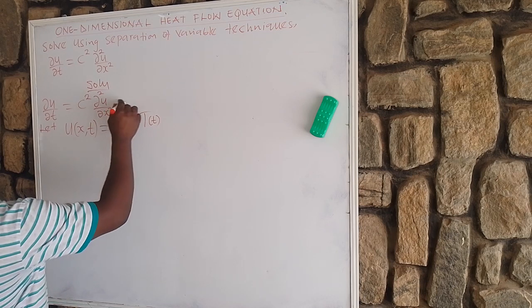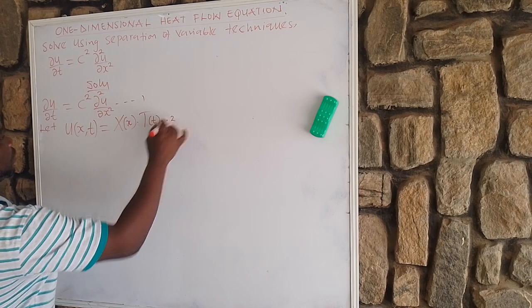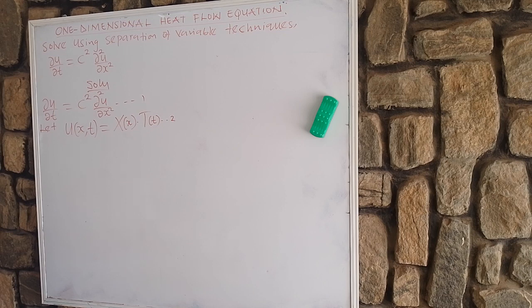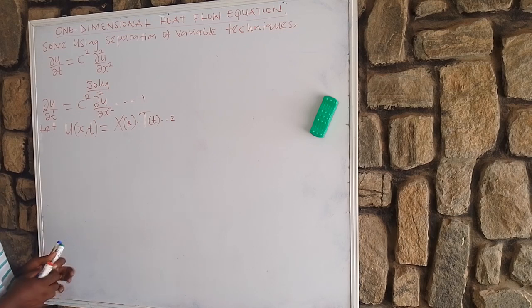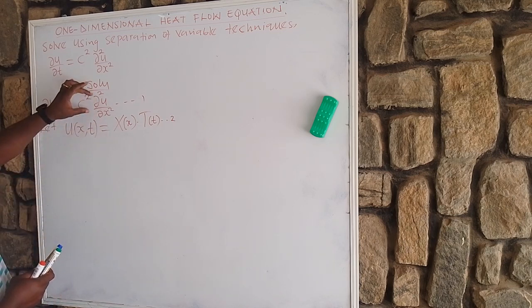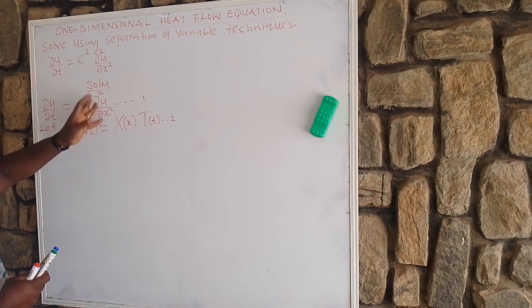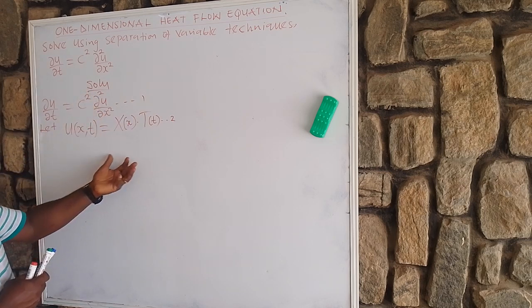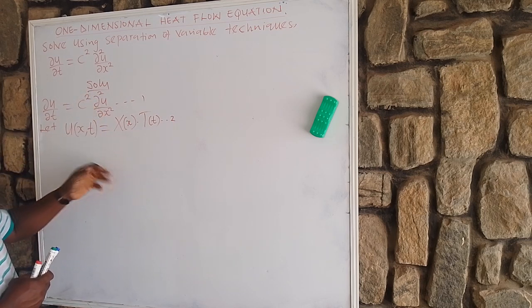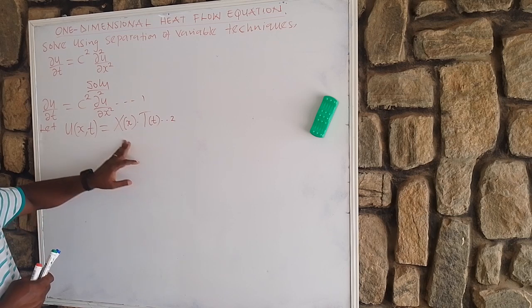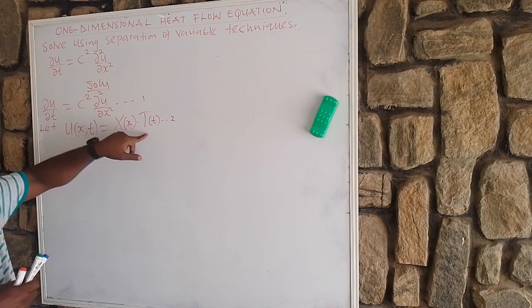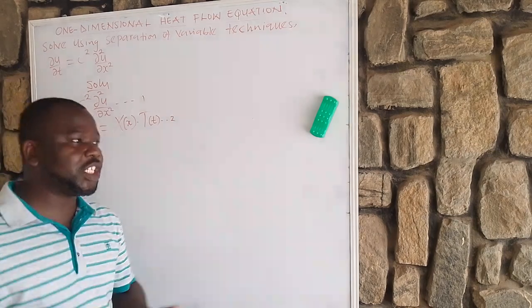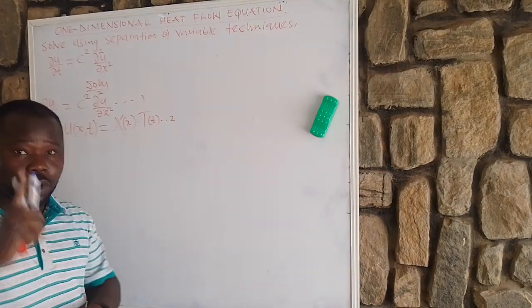So let's label this equation 1, and this equation 2. At this point, we are going to differentiate equation 2 partially with respect to x twice, then the same equation 2 partially with respect to t once.